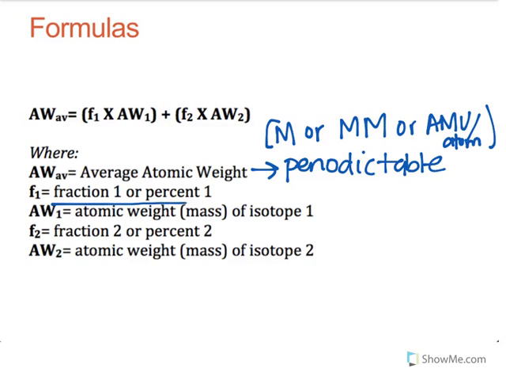F1 is equal to the fraction or the percent of isotope 1. Atomic weight 1 is equal to the atomic weight of isotope 1. Fraction 2 is equal to the fraction or the percent of isotope 2. And the AW2 is equal to atomic weight or mass of isotope 2.